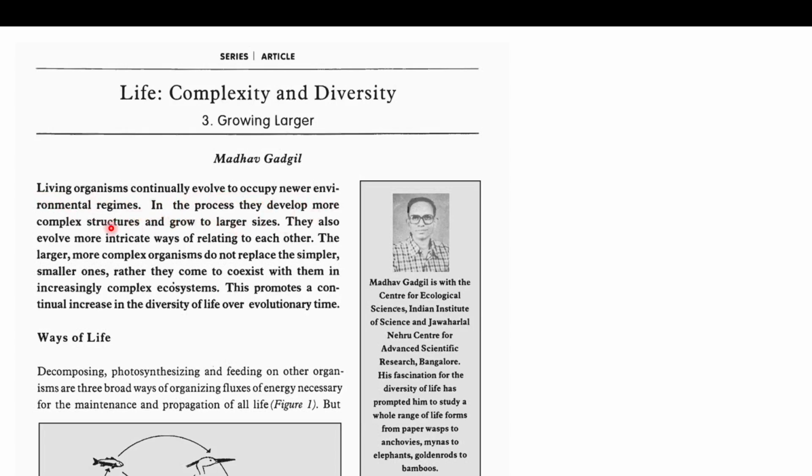In the process, they develop more complex structures and grow to larger sizes. They also evolve more intricate ways of relating to each other. The larger, more complex organisms do not replace the simpler, smaller ones. Rather, they come to coexist with them in increasingly complex ecosystems. This actually promotes a continual increase in the diversity of life over evolutionary time.